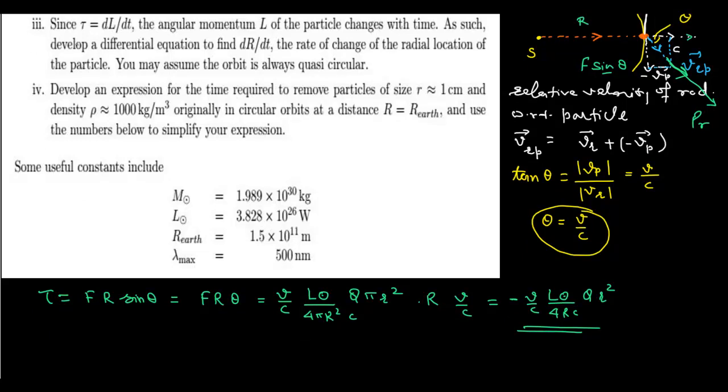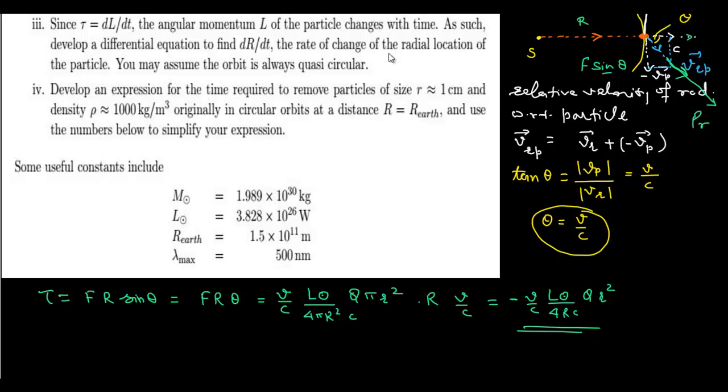Now in this third part, he is asking that since tau is the rate of change of angular momentum with respect to time, the angular momentum L of the particle changes with time. As such, develop a differential equation to find dr by dt, the rate of change of radial location of the particle, and you may assume the orbit is also quasi-circular.